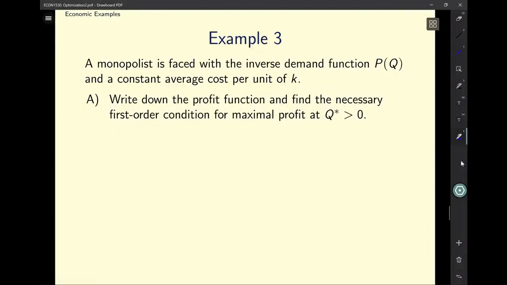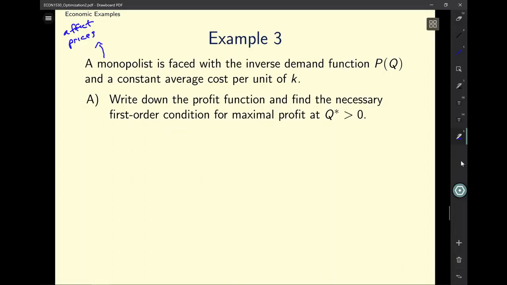This is a great question that gets you using implicit differentiation in order to solve the monopolist problem. Now remember, with a monopolist, they can affect prices. In fact, they can set prices if they want to.